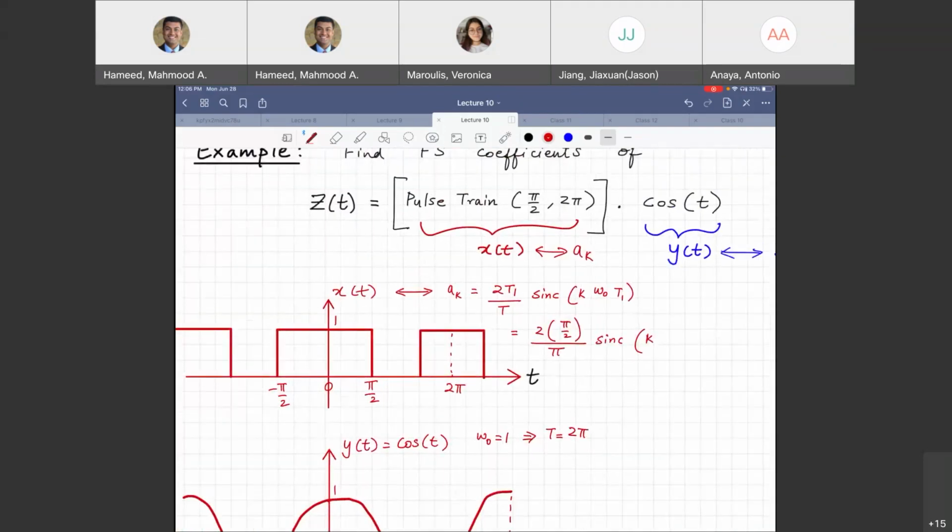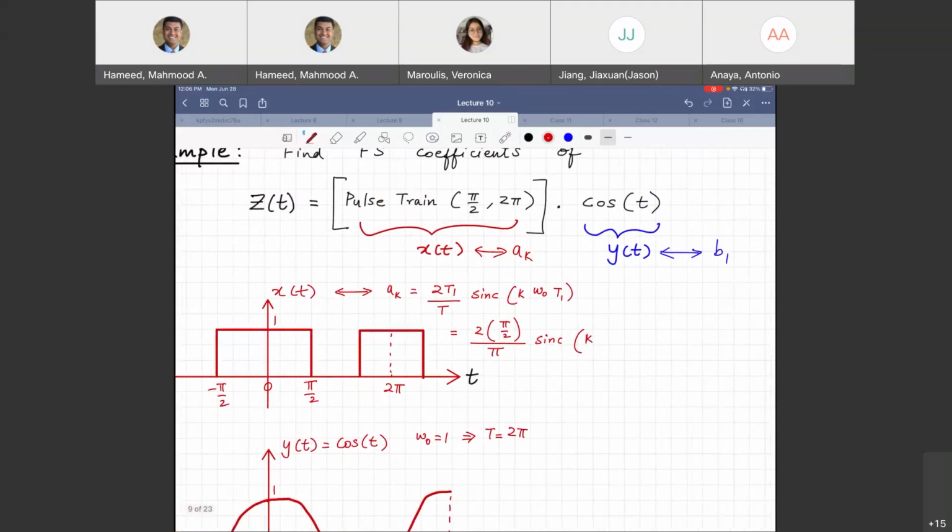Time period is 2 pi, so omega naught is 2 pi divided by 2 pi, which is 1. All right. So k multiplied by pi over 2, right? Can we simplify this a little bit? Pi gets cancelled. Okay. So this is just sinc k pi over 2, right? This is for all k. Is that okay?